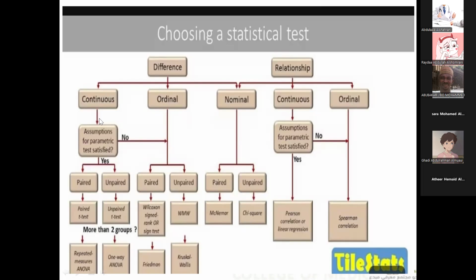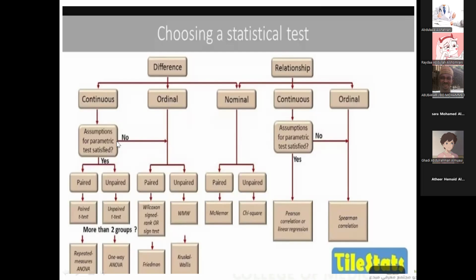Now, if your data is continuous, you look at whether you fulfill all the assumptions for parametric tests. Usually the assumption for parametric tests is that the data is normally distributed.